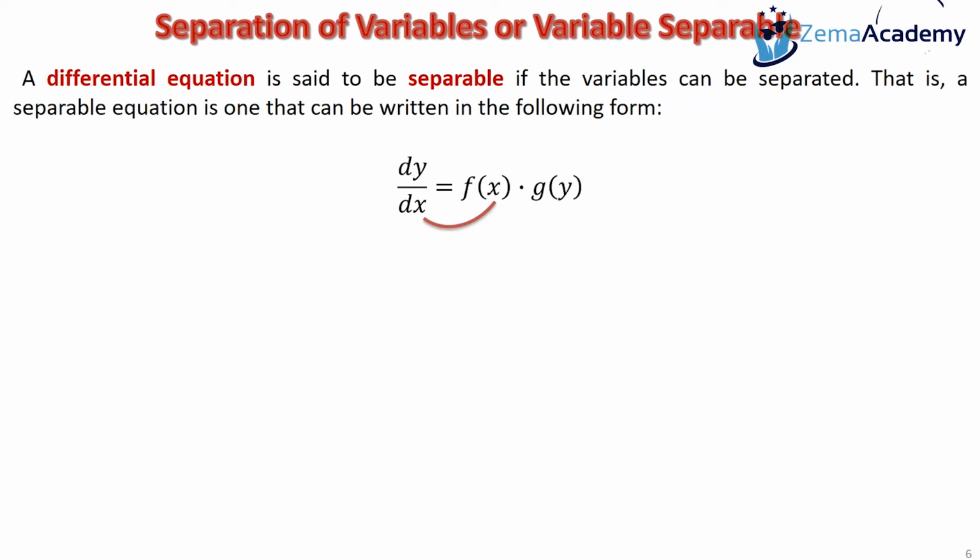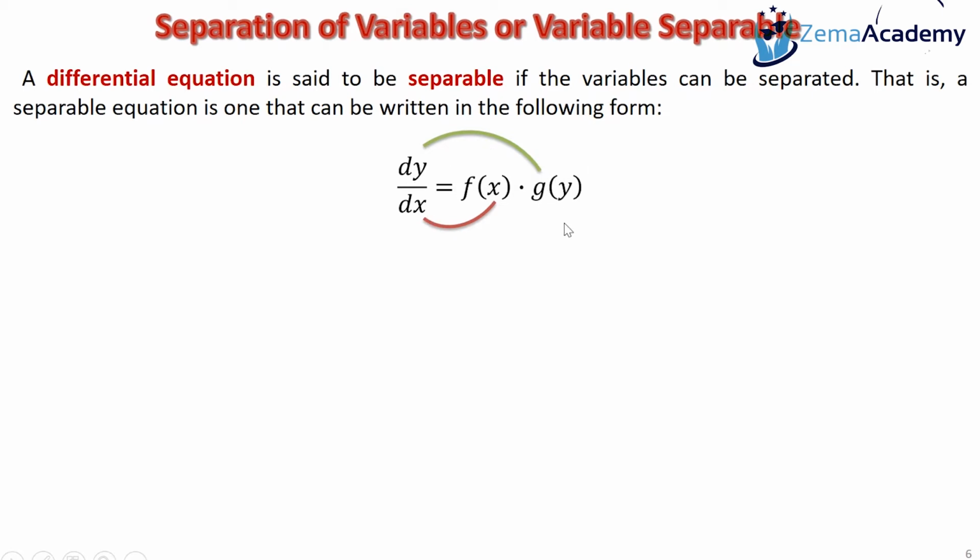Now what is required in variable separable is that you rearrange this differential equation so that the function g(y) is placed with dy, whereas function f(x) is placed with dx. Here I have tried to make you understand that this dx is related to this f(x) and this dy is related to the function g(y).